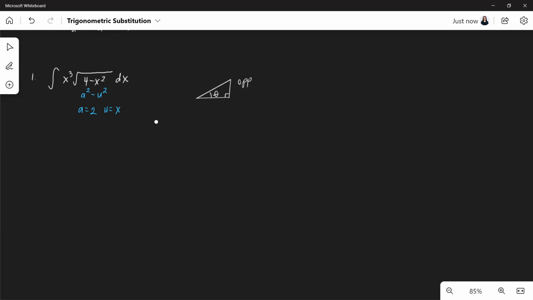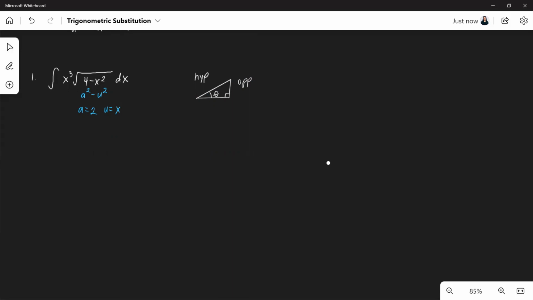If you draw the theta on this location, this is the opposite side, and the side opposite to the 90-degree angle is always the hypotenuse of the right triangle. Again, if you cannot recall the substitution equation, u is equal to a times sine of theta.